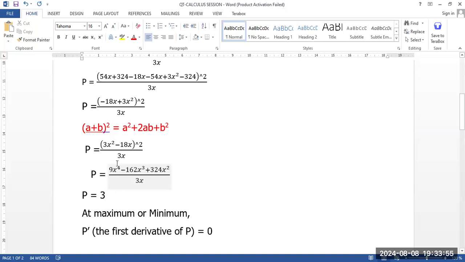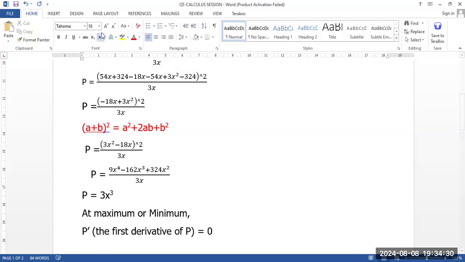If I have x power 4 and I divide by x, what do I get? You get x power 3.